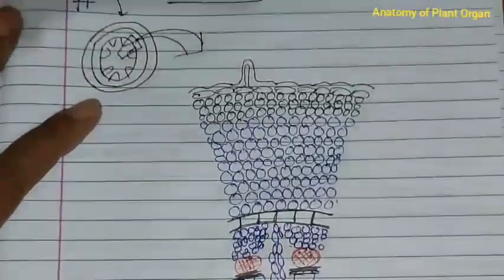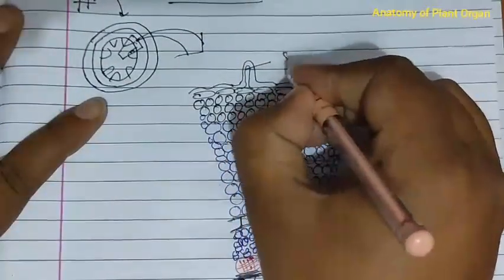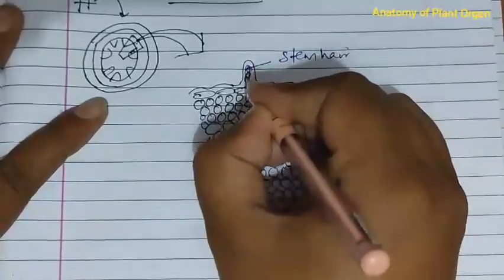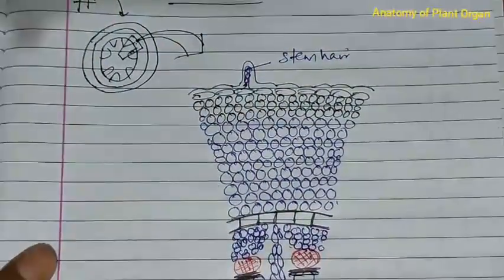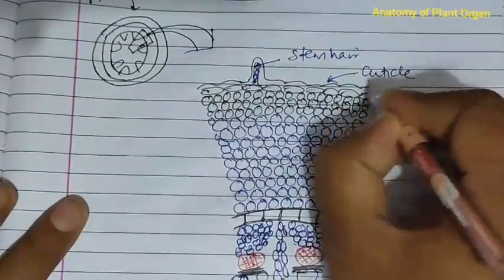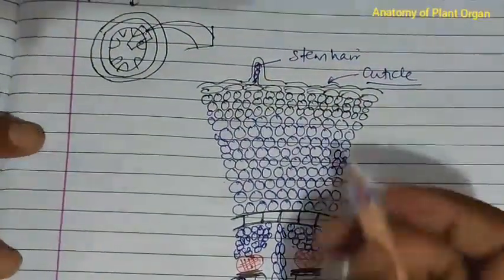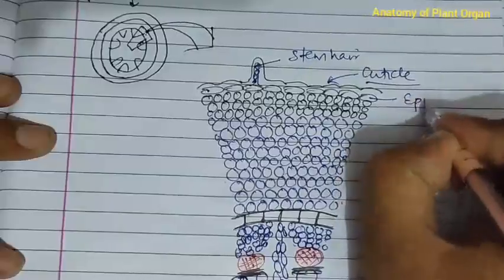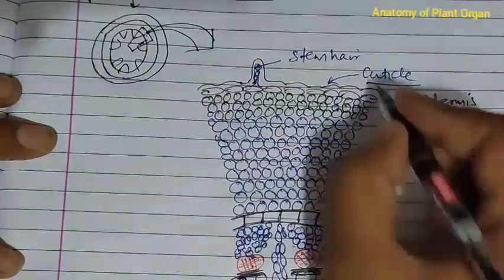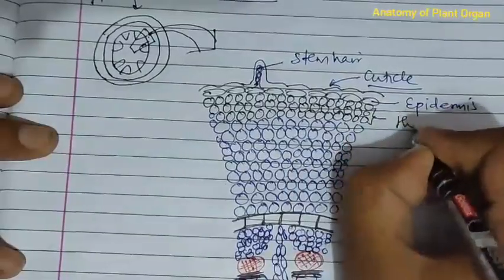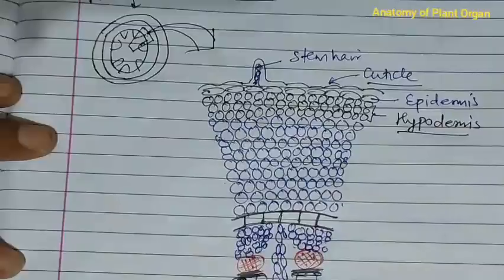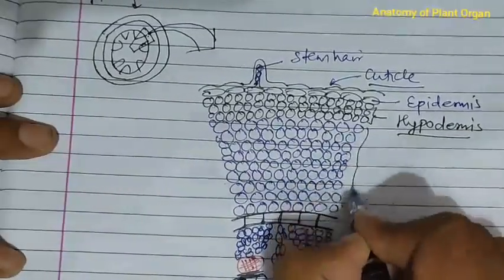So here if we label it, we find there is a stem hair, which is a multicellular structure. Then you find the cuticle. Now the cuticle is covering the epidermis. Now inner to epidermis we have a hypodermis, which is absent in root but is present in stem.